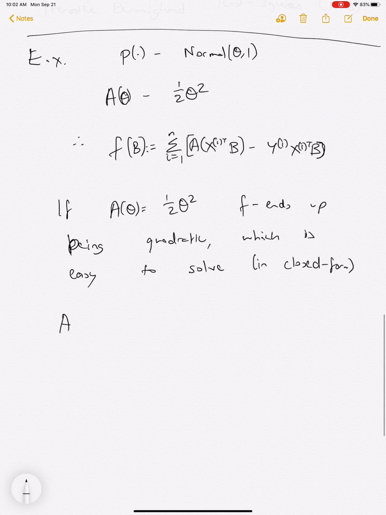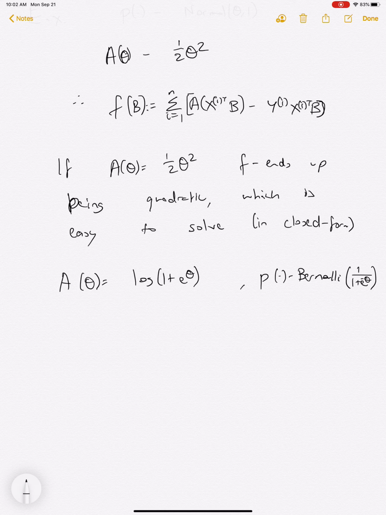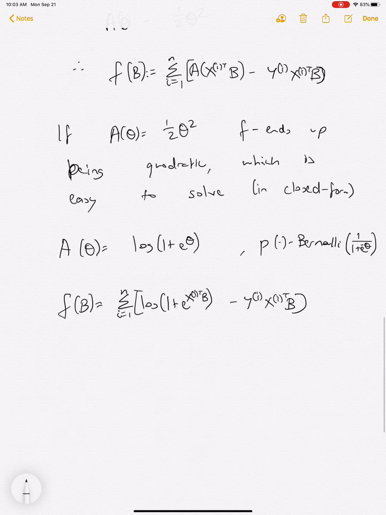But if we have, for example, A of theta equals log of 1 plus e to the theta, which corresponds to p being Bernoulli, where this probability was 1 over 1 plus e to the negative theta, then the objective that we get here is, actually, you may have heard the term logistic regression.